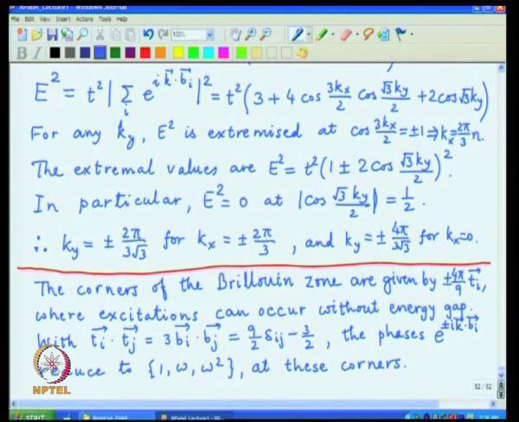Of course, when you sum over the 3 phase factors as they appear in the Hamiltonian, you get 0, and that is why the energy gap is 0 at this particular point.